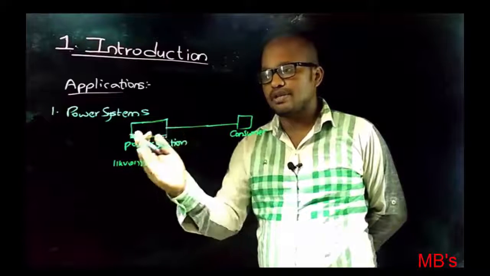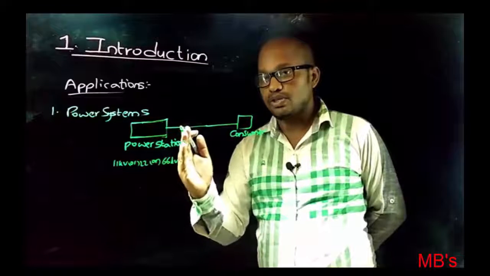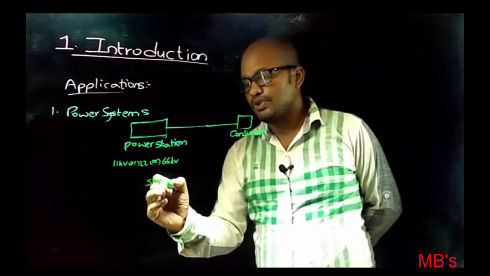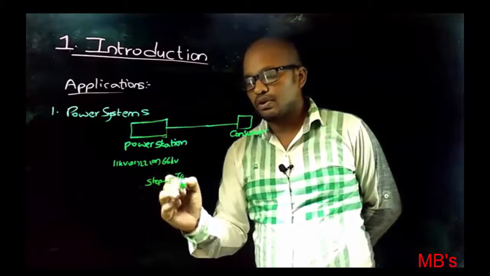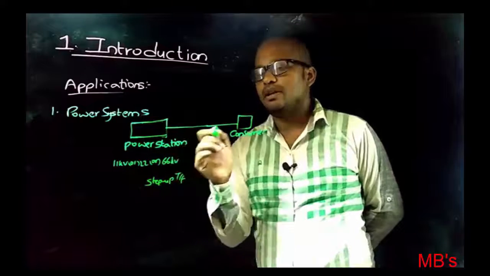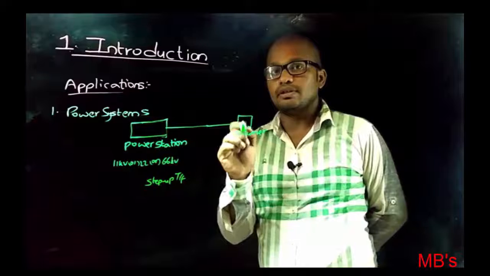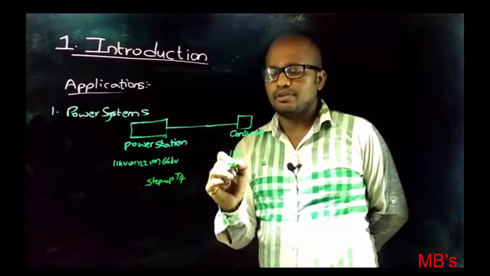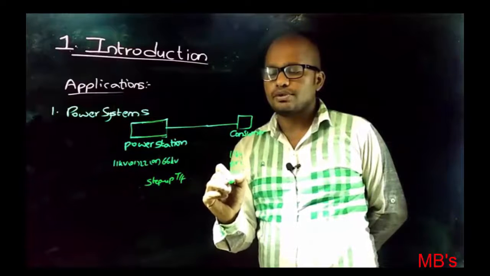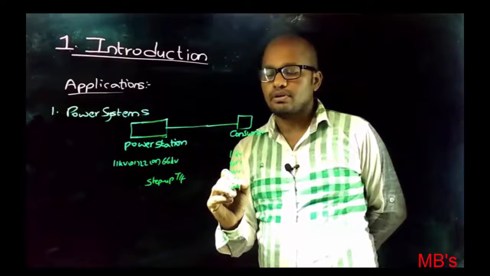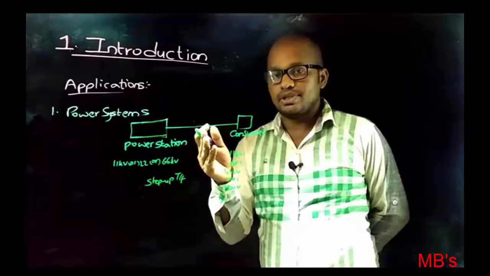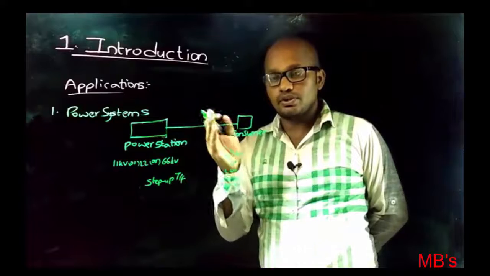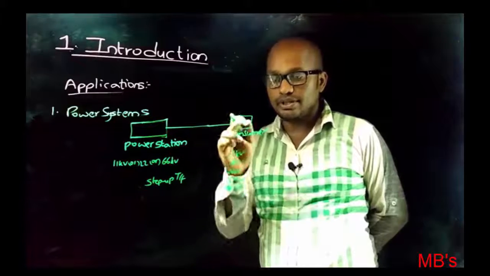So in order to transmit that generated electrical energy at higher voltage levels, here it requires a step up transformer, which will step up the voltage levels. And similarly at consumer terminals the voltage levels required are very less, that is it can be 11 kV or 440 volts or 220 volts or etc. As transmission and distribution voltage levels are at higher levels, for consumer purpose those levels must be reduced to the required levels.